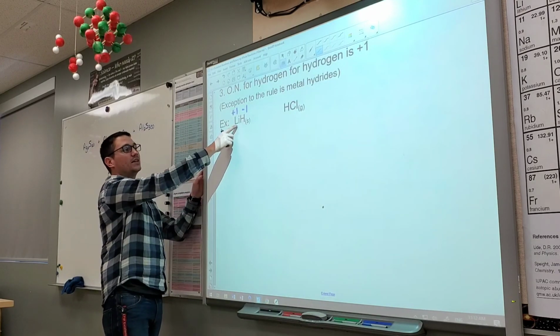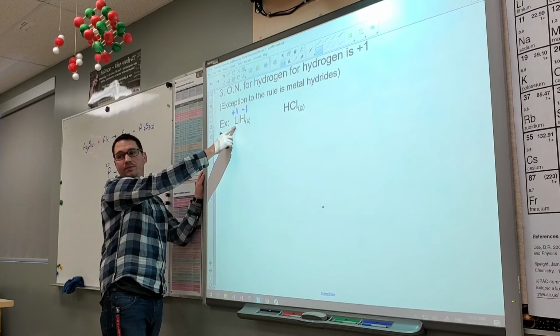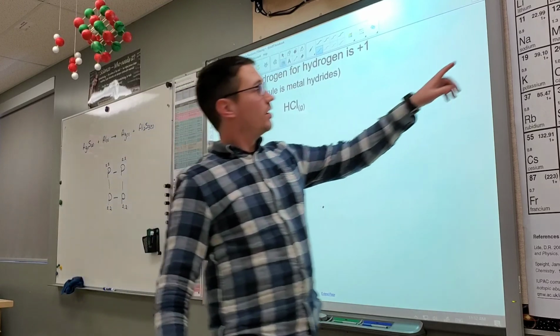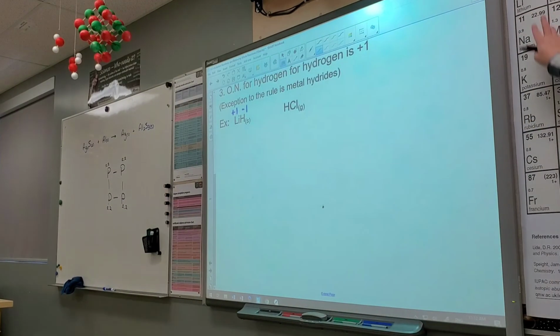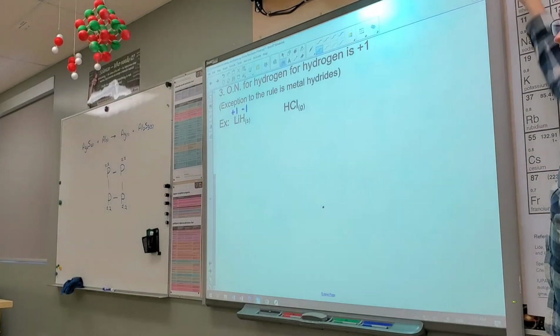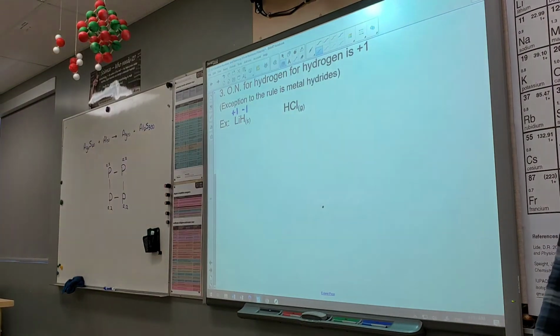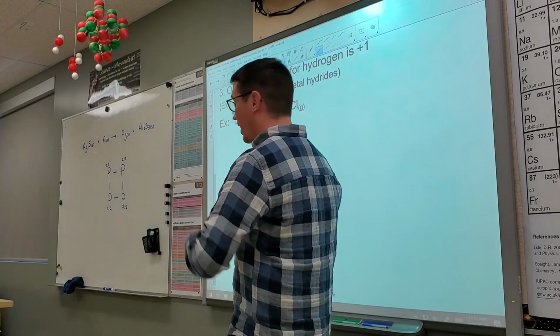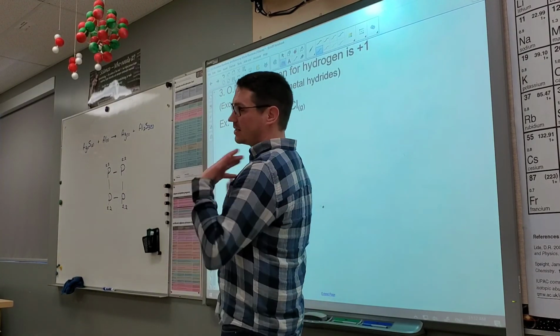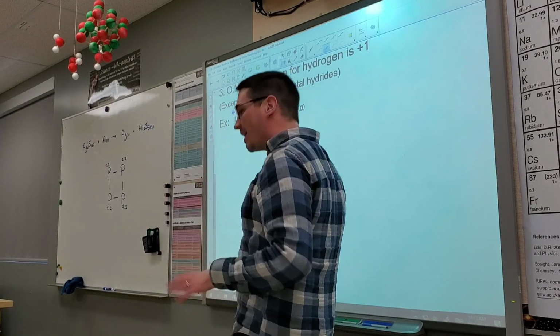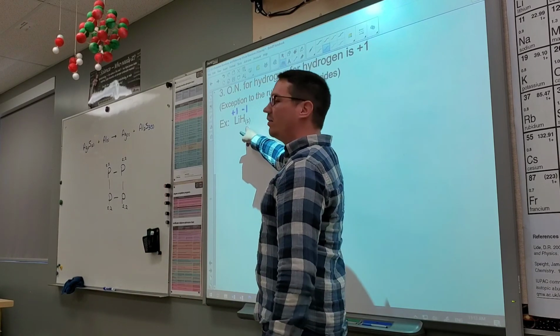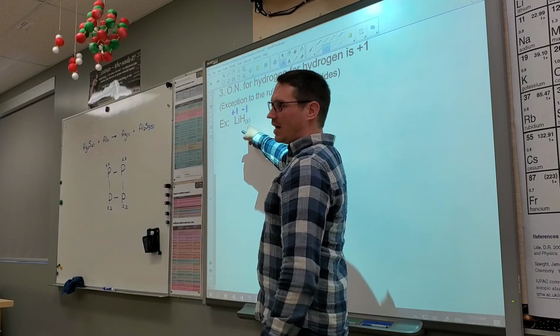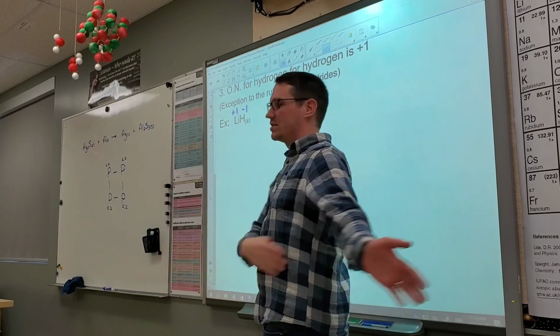What's the electronegativity of lithium? 1.0. What's the electronegativity of hydrogen? 2.2. Who's winning the battle for those electrons, or that electron? Hydrogen is. That's why it's got a -1. So if it's a metal hydride, it's -1. But in every other case, I'm going to let you know right now, we didn't see a single hydride last year, or last semester, all semester.